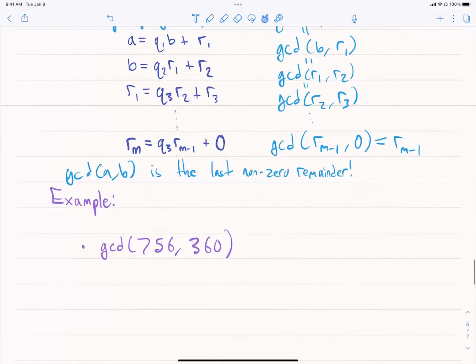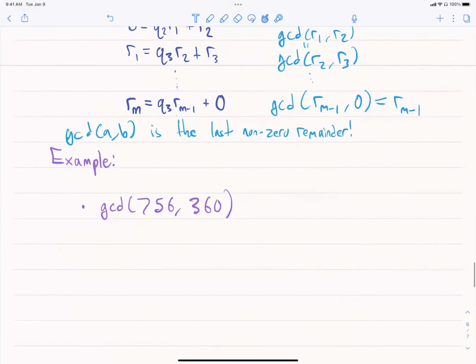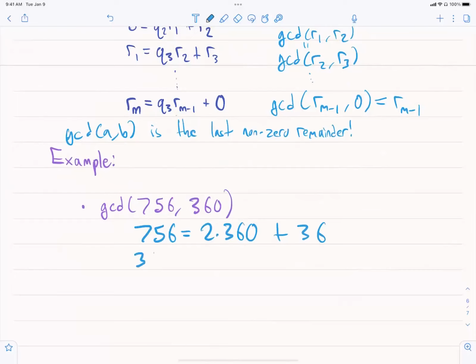Okay, so let me do a more complicated example. 756 and 360. So 756 is equal to 2 times 360. That gives me 720 plus 36. Okay, so actually this example didn't end up so complicated, because now 360 is 10 times 36 plus 0.